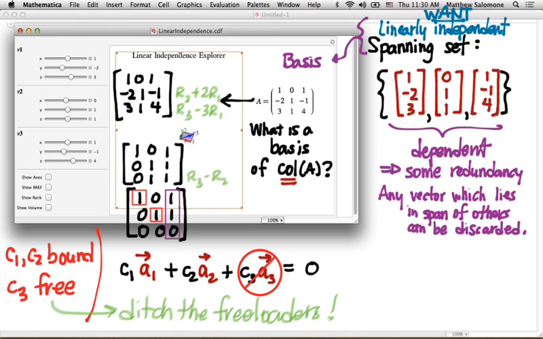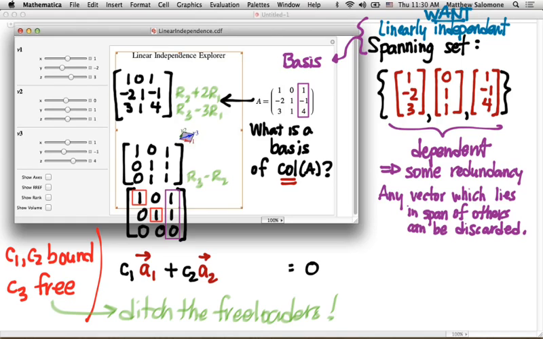So which of these three vectors should I throw away? Let's throw away the third vector. Because if we throw away the third vector, the system, the vector equation, C1 times the first plus C2 times the second, will have a unique solution. And therefore, the first two vectors are linearly independent. And the third lies in the span of the first two.